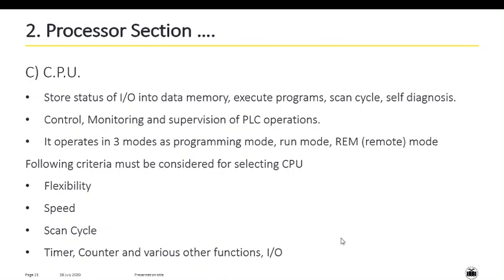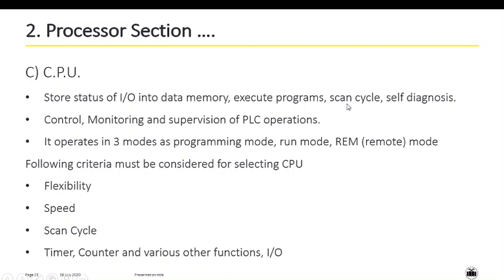The functions of this CPU are: it stores the input output data into the data memory. This is the first function. Then it executes the program using the executive software in the executive memory and the logic which we have written in the ROM.